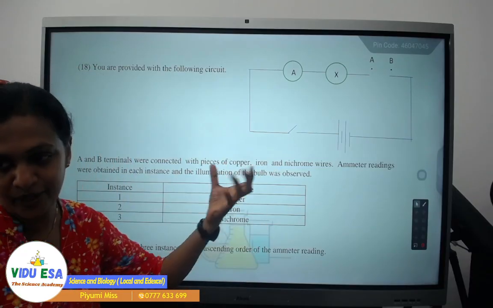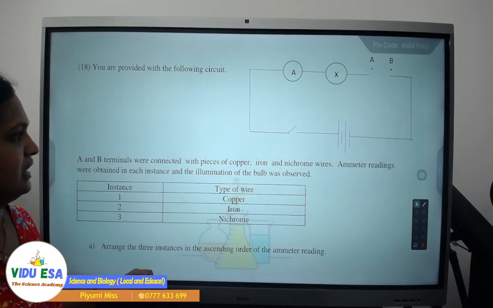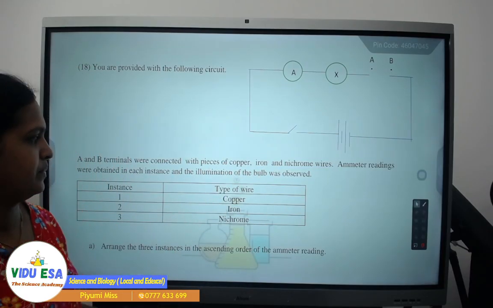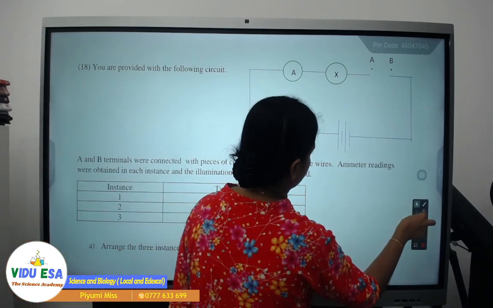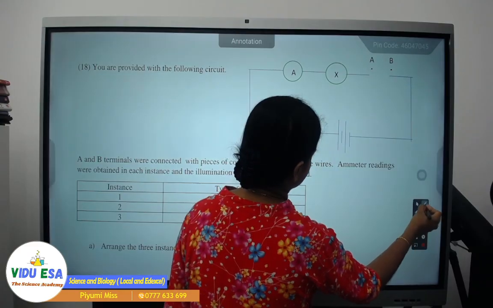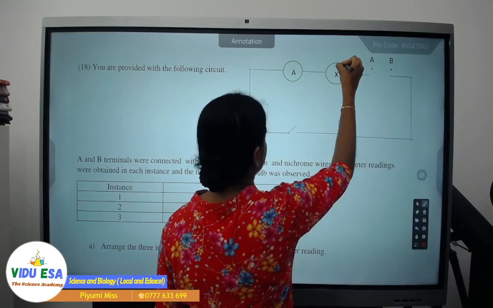There is a gap in between, so you are going to connect these wires to that gap. Ammeter readings were obtained in each instance and the illumination of the bulb was observed. The X here is not X, that is the circuit symbol of the bulb.